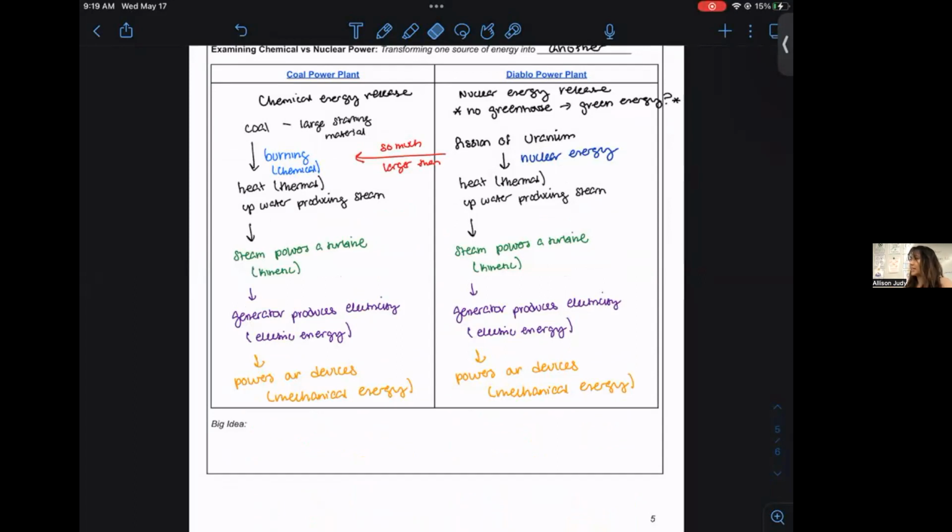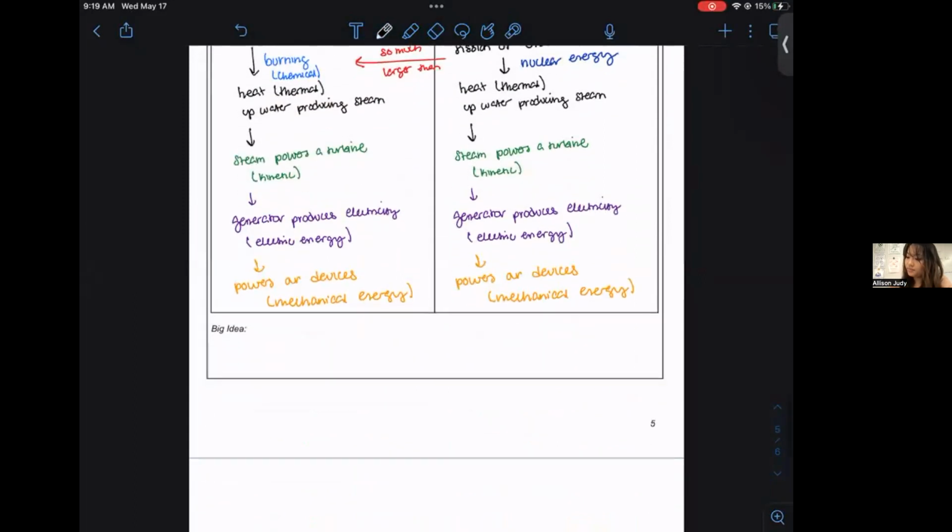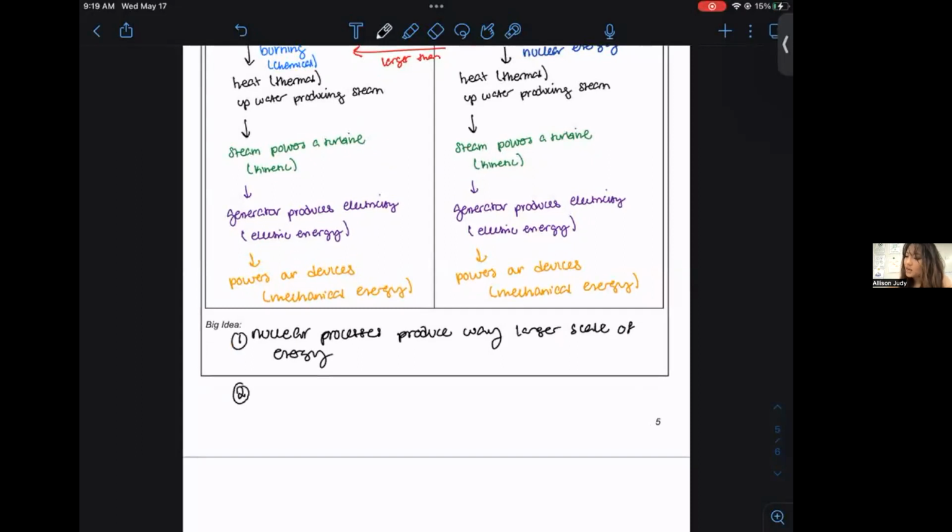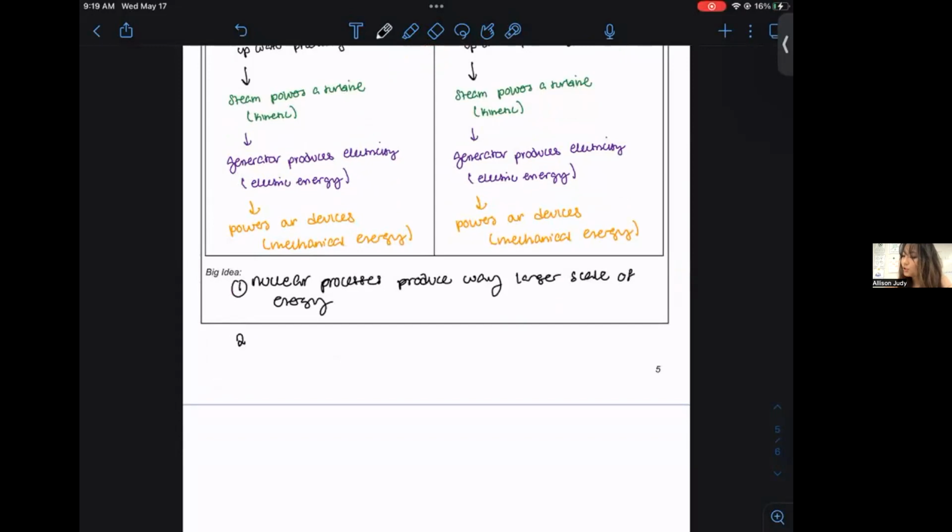That's the main idea. And then two, nuclear energy can be transformed.